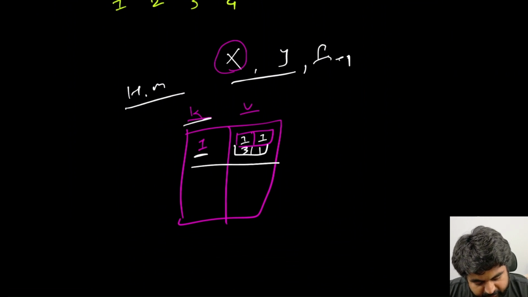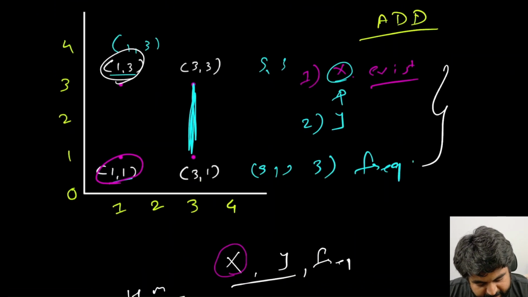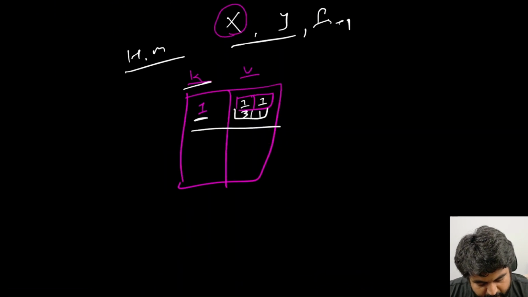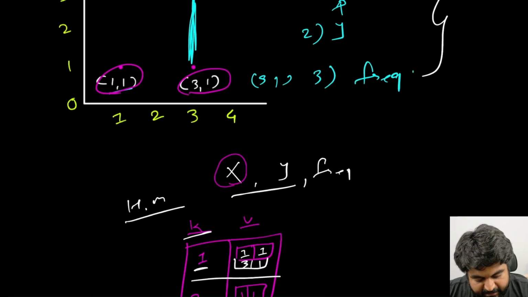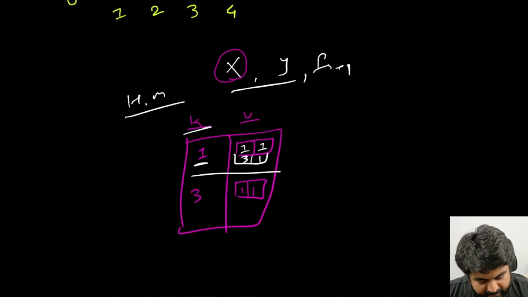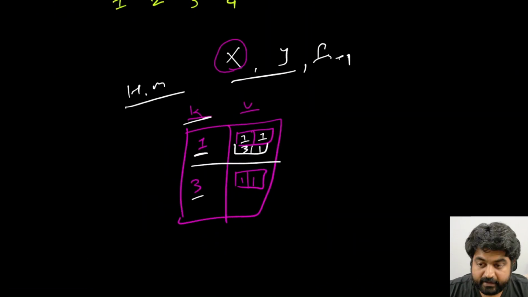Then we are going to have one more entry where the x coordinate is going to be 3 1. So we are going to have one more entry 3, and as y coordinate, the value is going to be 1 and its frequency is going to be 1. Same way, we have one more value 3 3 in this case. So 3, we already have it as a key, so we would have stored over here another value 3, that is the y coordinate, and its frequency as 1.